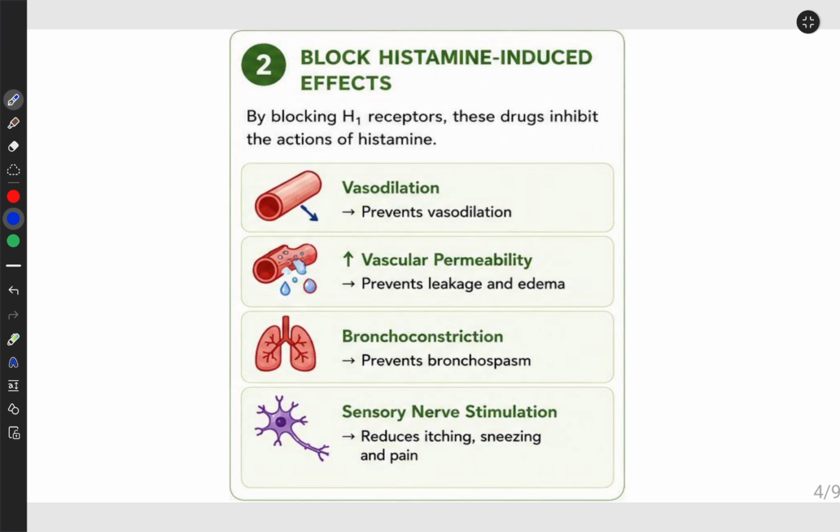So when they block the histamine receptors, what all actions are blocked? Number one, vasodilation is blocked. So H1 blockers will prevent vasodilation, thereby reducing redness.